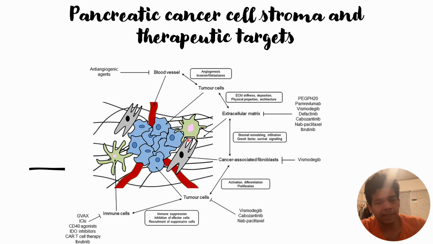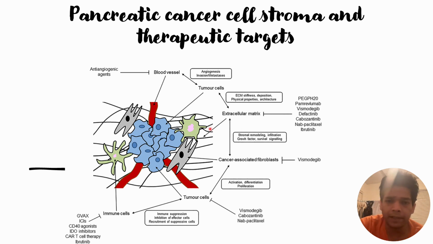The extracellular matrix acts as a physical barrier, and it prevents immune surveillance, so that the immune system will not be able to detect these tumor cells and act against them.